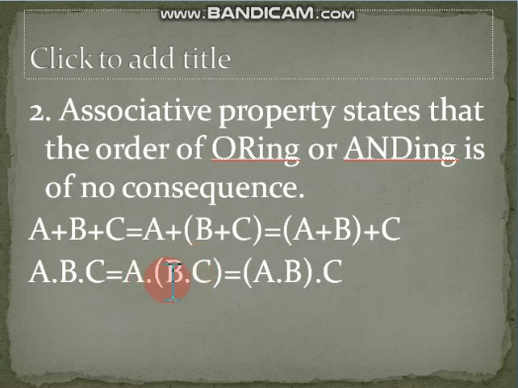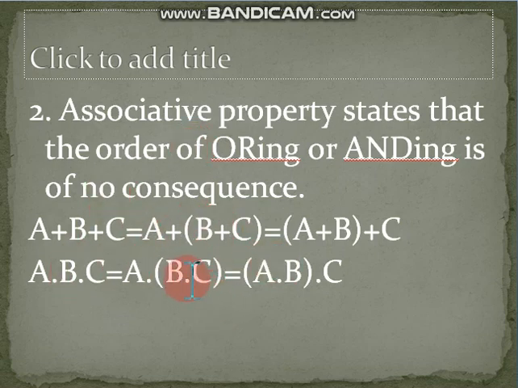That's when you now take the answer and AND it with the A, which is outside. You still get the same results. There are no consequences. Or if you start with AB, then C last, it's still the same thing. Which qualifies that the order of ORing and ANDing is of no consequence. So there are no consequences if you choose to arrange your gates in any way as illustrated here.